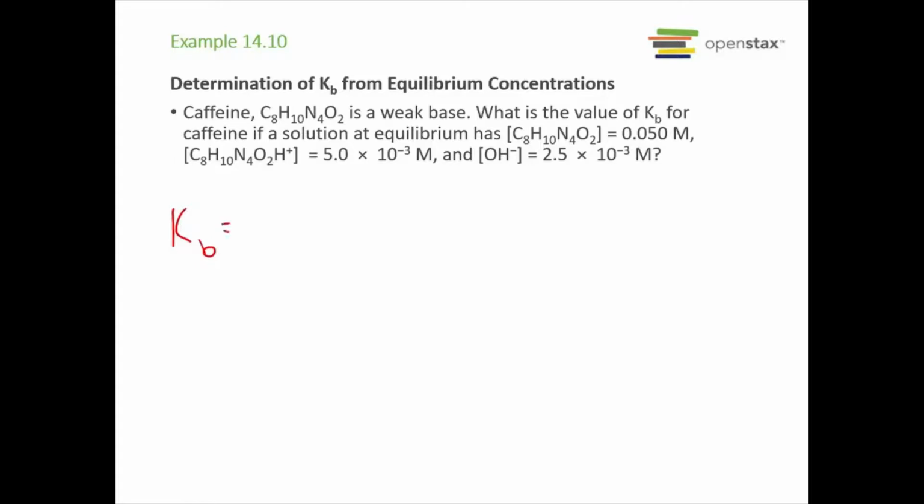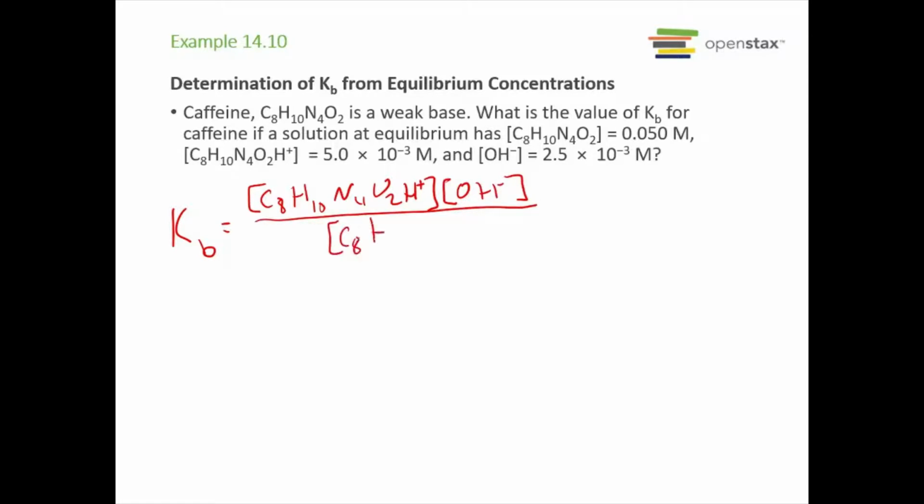So Kb is going to be equal to our conjugate acid, C8H10N4O2H plus, times OH minus. Those are our product side, divided by our starting base, which was caffeine, C8H10N4O2.